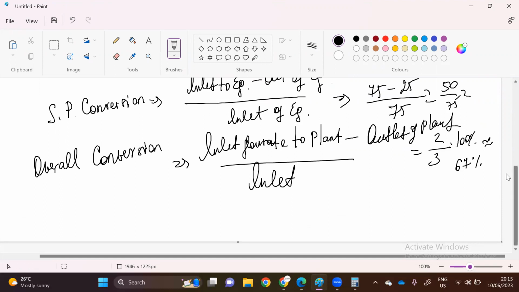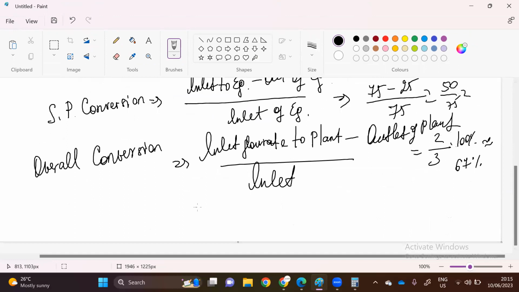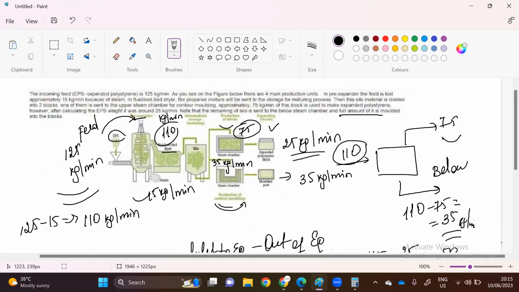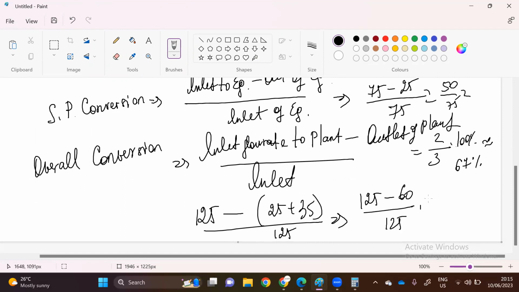So it means the inlet was 125, right? Let's write it, 125 minus, what was our final product? Final product was 25 kilogram per minute expanded polystyrene block and 35 kilogram per minute molded part. It means I need to take their sum, 25 plus 35, and over again inlet 125. It makes minus 60 over this one.